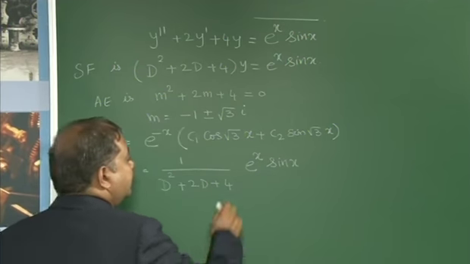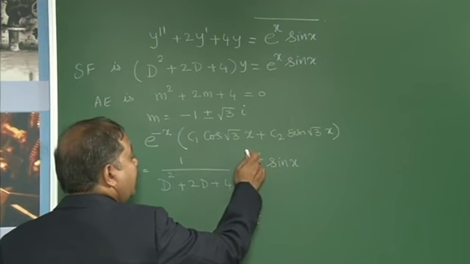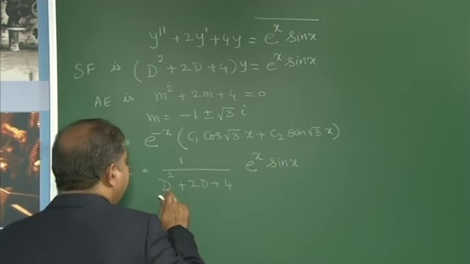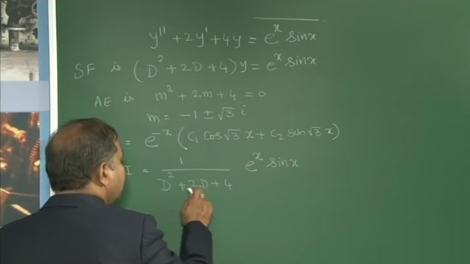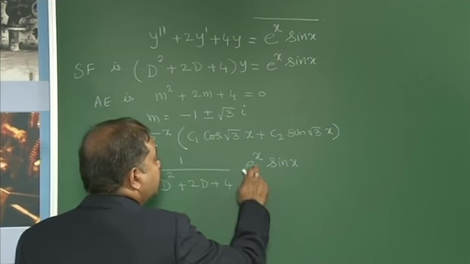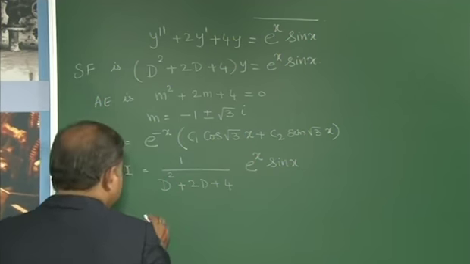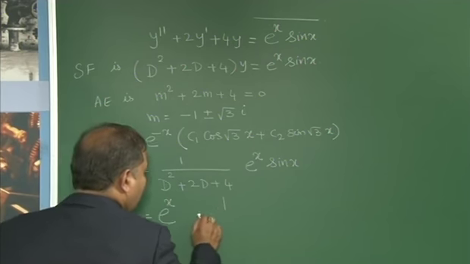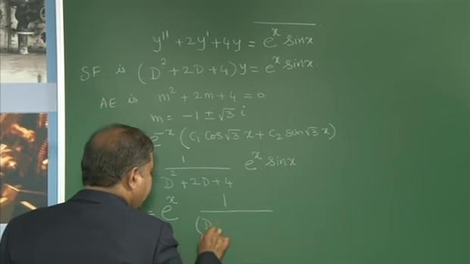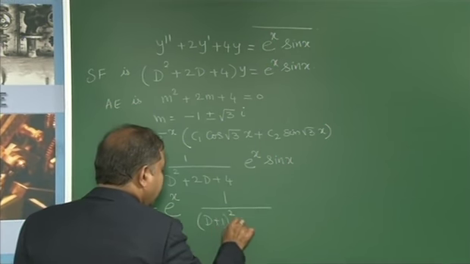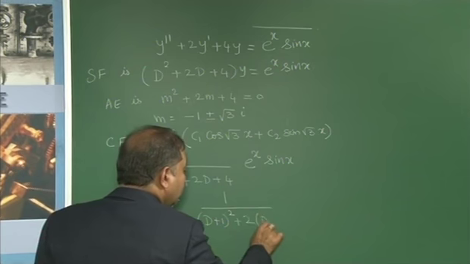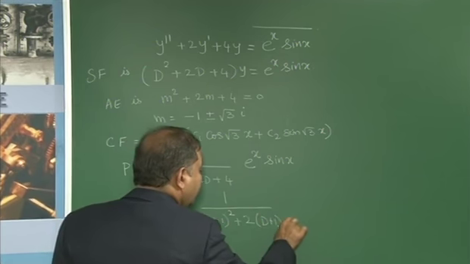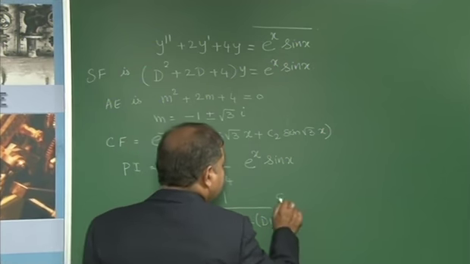Now you see e power ax, a value is 1, replace wherever D is there by D plus a, that means D plus 1. So let me take e power x to the left hand side, 1 by (D plus 1) whole squared plus 2 into (D plus 1) plus 4, sin x.